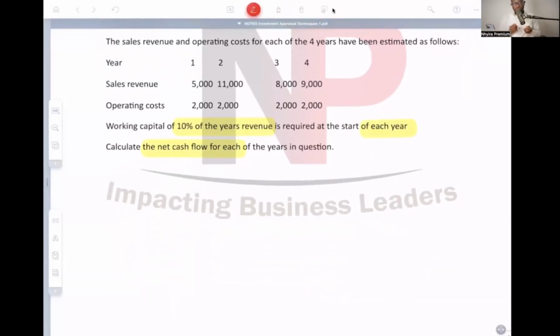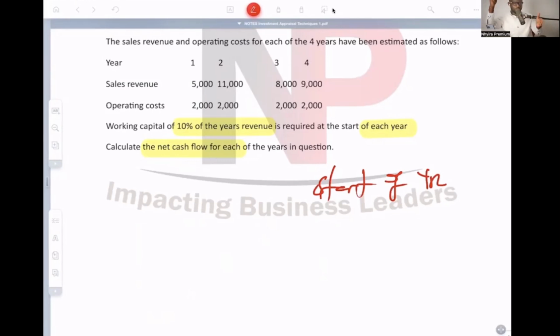Now, the principle is that if we're going to need money at the start of a specific period, then it has to be provided for in the previous period.